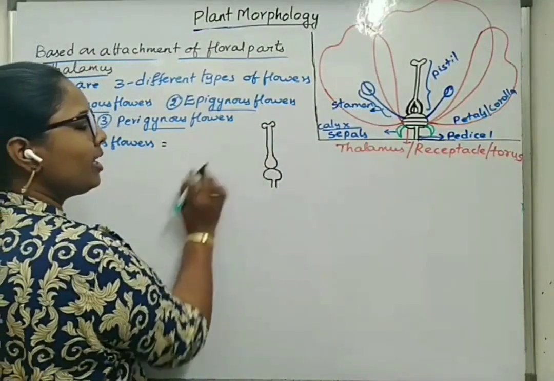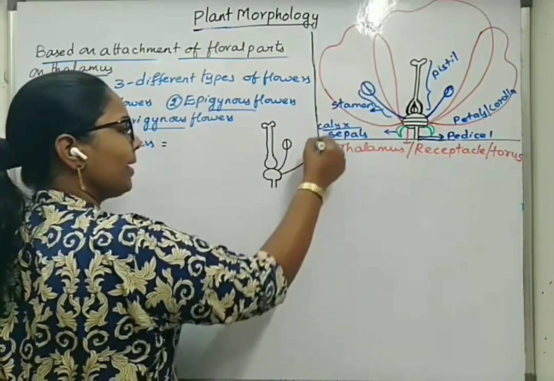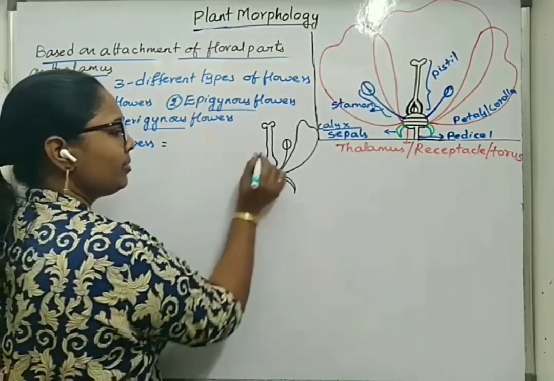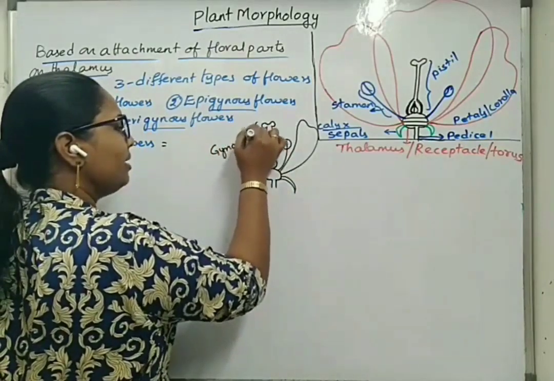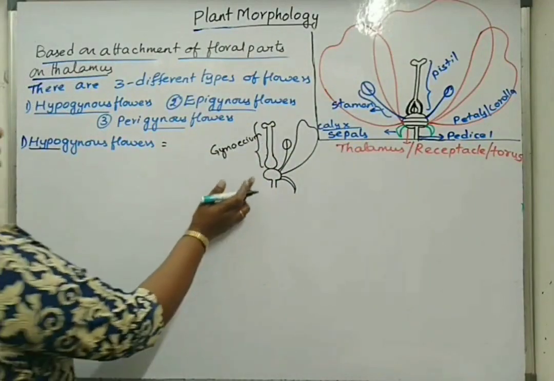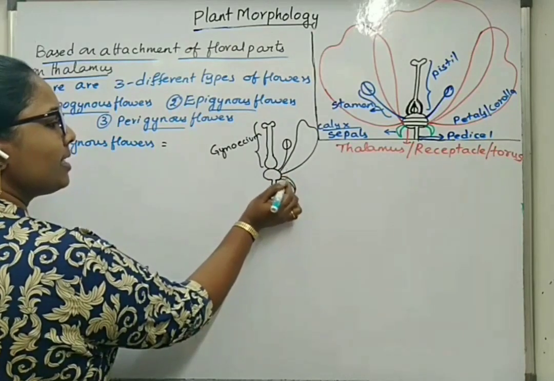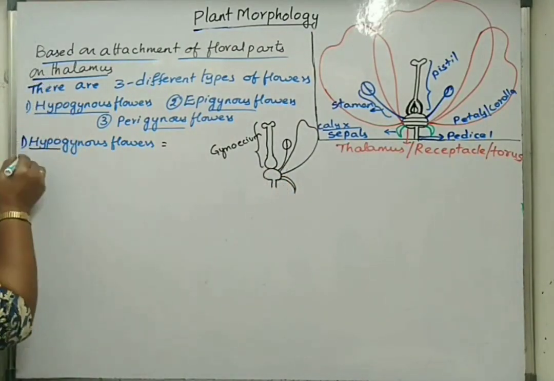Means gynoecium is on the upper part. If stamen arises below the gynoecium, petal arises below the gynoecium, sepal's position is below the gynoecium. So this is gynoecium, female reproductive part or structure. So here we can see all the remaining floral parts, stamen, petal, sepal are below the gynoecium. Such flowers are said as hypogynous flowers.